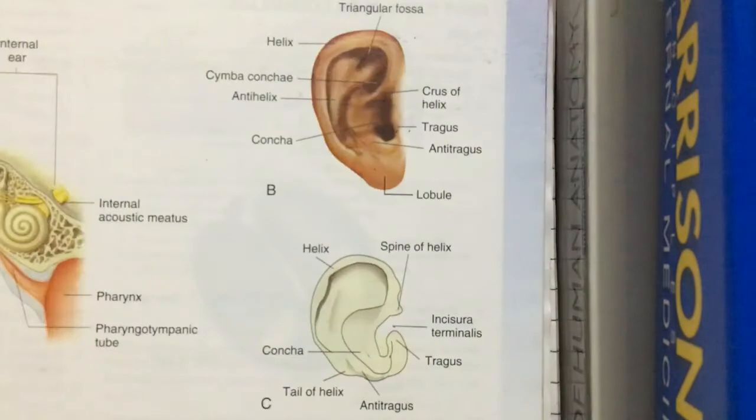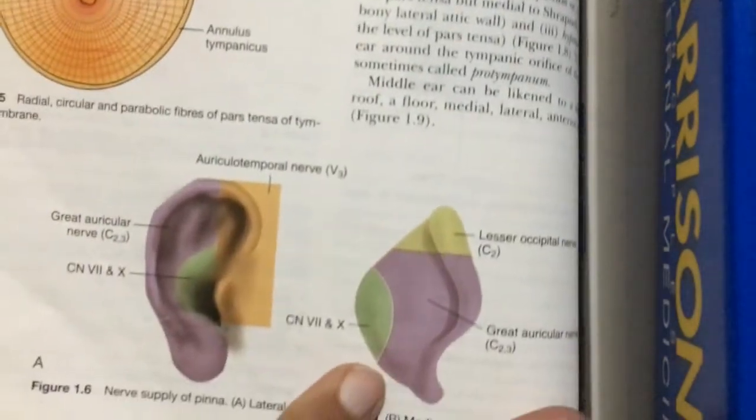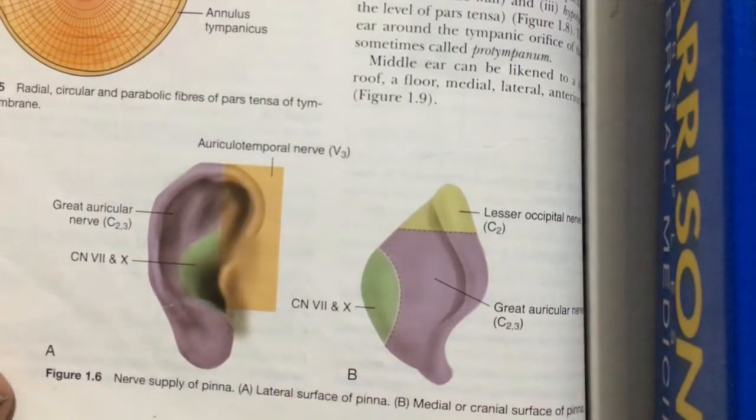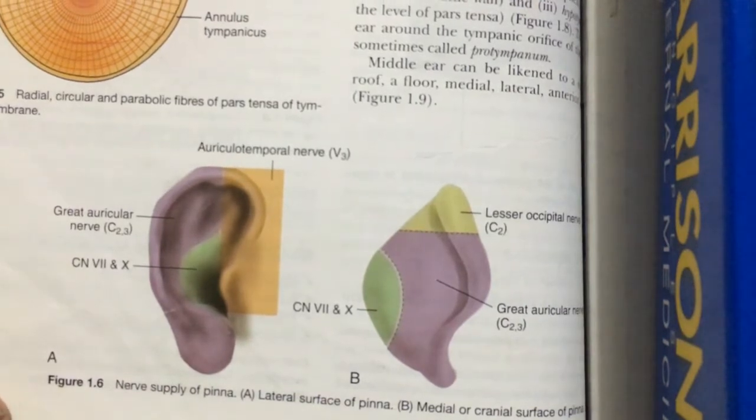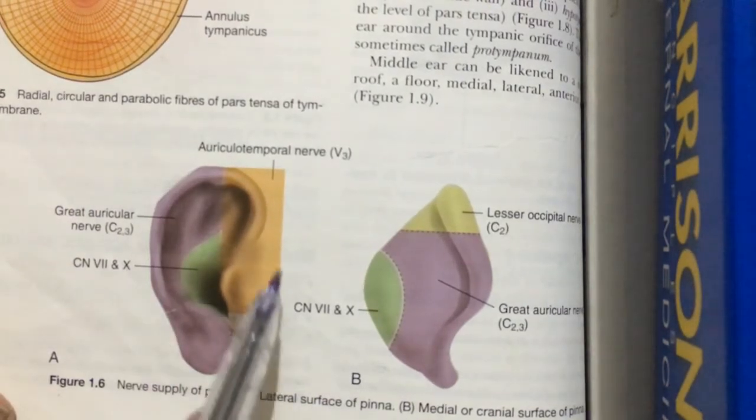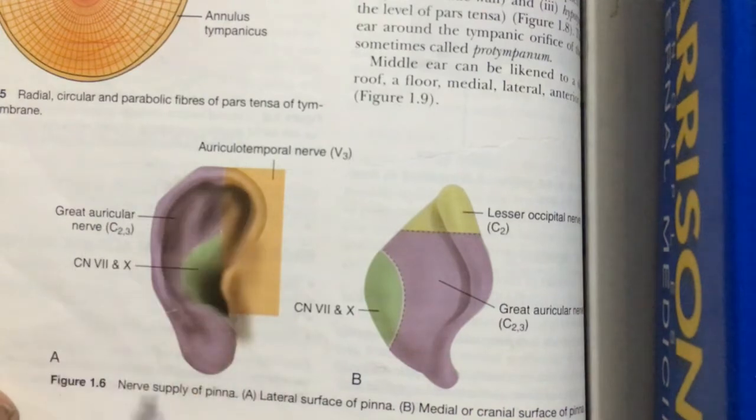The nerve supply of the pinna is mainly by the greater auricular nerve. So let us see the nerve supply in the lateral surface and the medial surface.